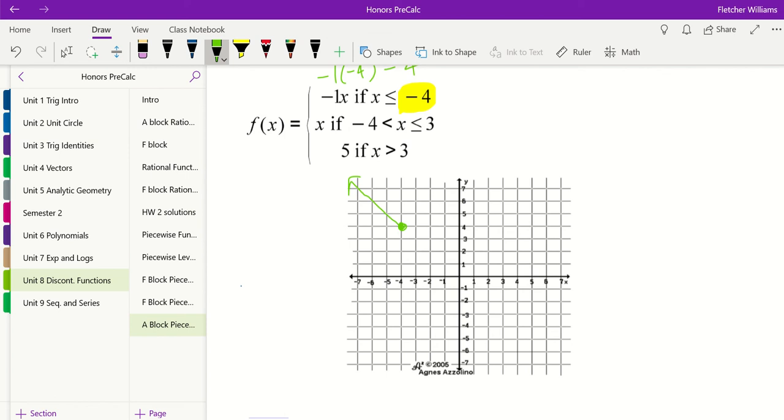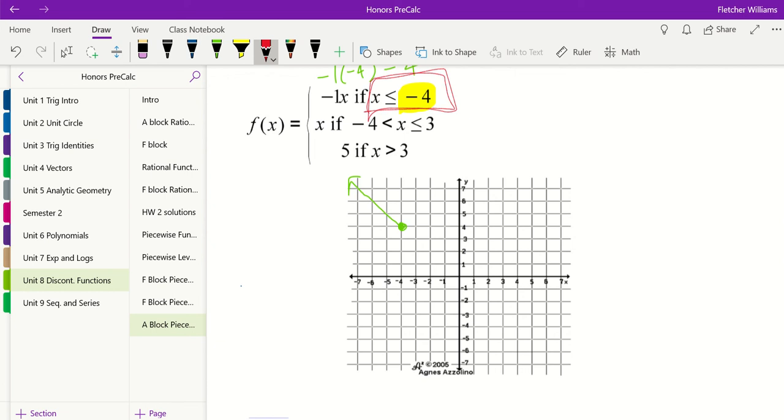Let me know if something doesn't click so I can address it right away. All this piece is telling us is the domain on which we graph y equals negative x. So for the domain x less than or equal to negative 4, we graph the line y equals negative x.